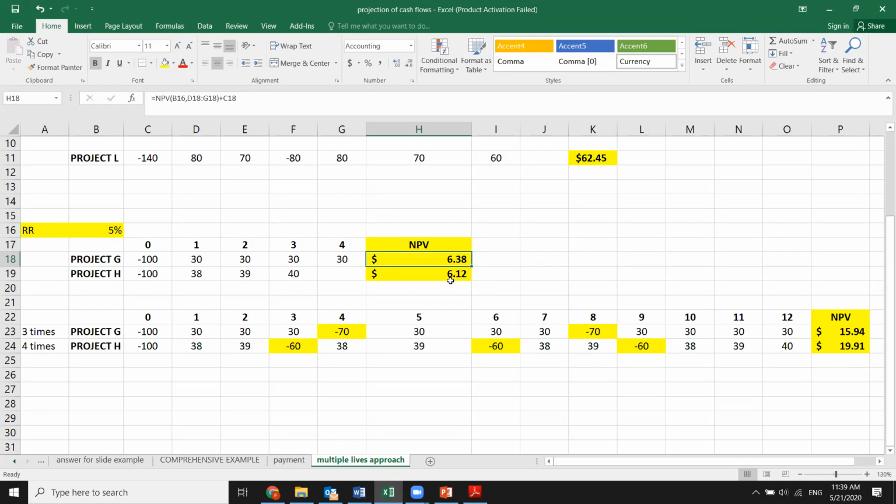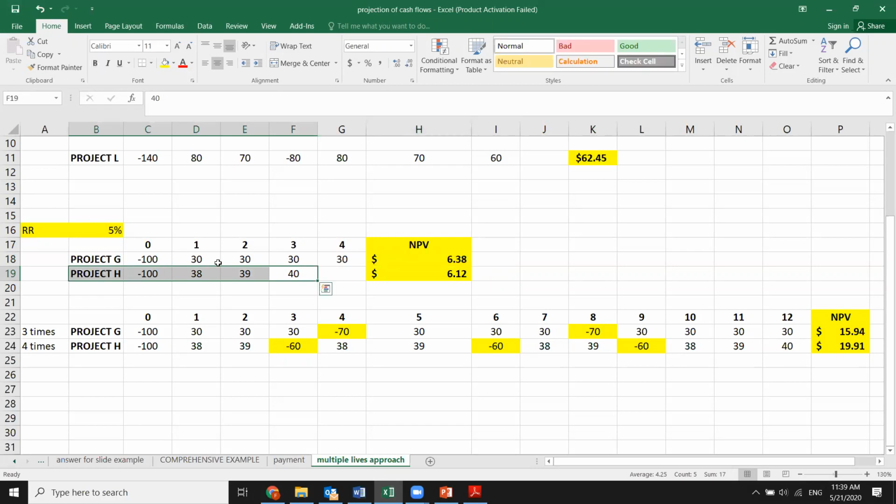The useful lives are not the same: project H is 3 years, but here it is 4 years, and there is no guarantee that you will be able to get something. What if there is a crisis? So it's logical to compare with the same number of years. That will make a wise decision in terms of investing or not investing.